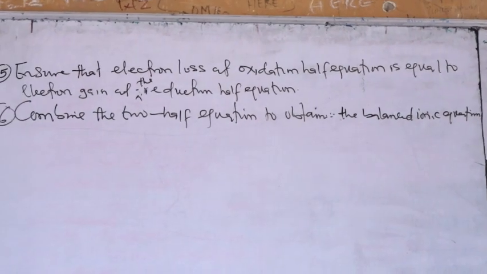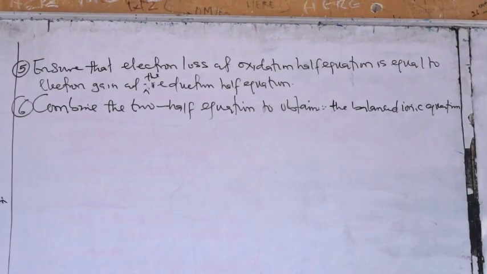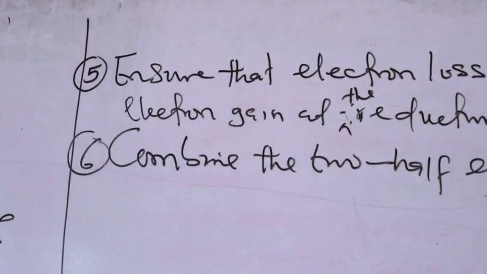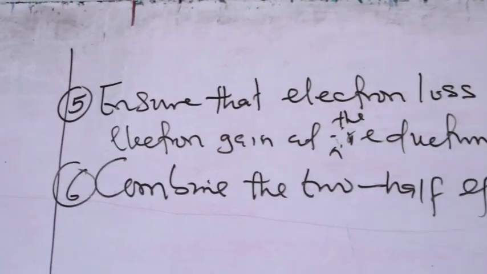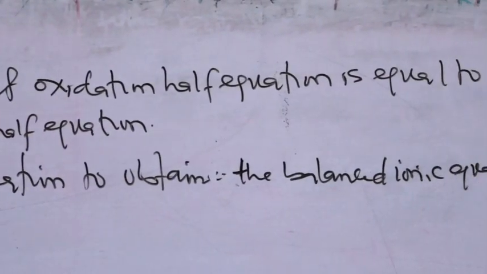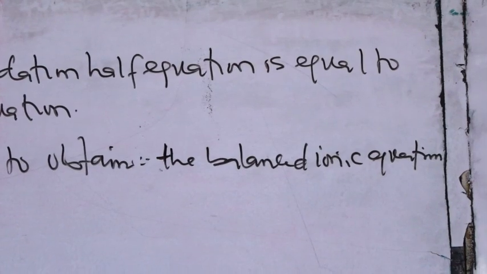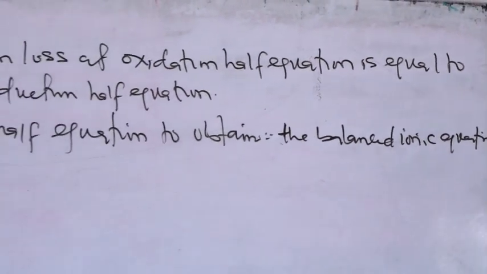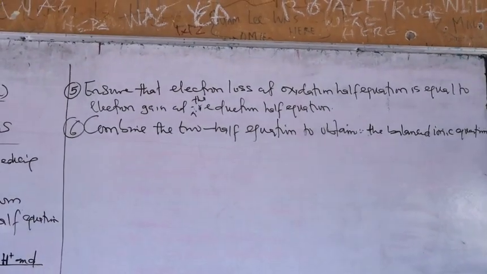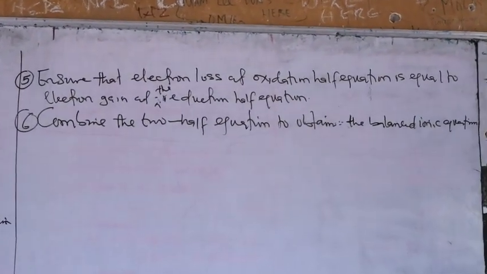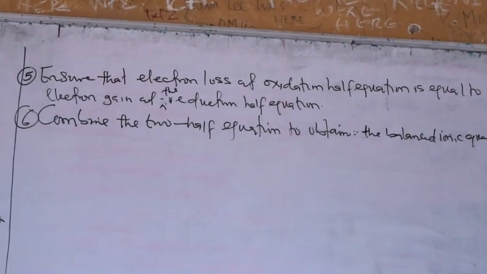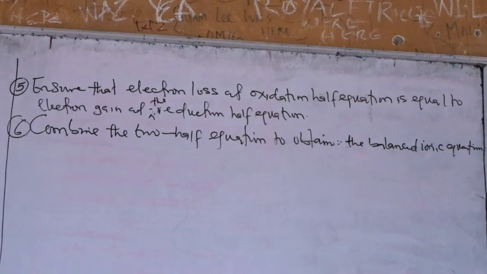It may look long, but it is very simple to balance. I have given you all these steps so that whatever you have to do on ionic equation, you'll be able to do it perfectly. Either you have to balance the equation, or you are given a balanced equation and you have to split it into 2, or you have to identify the oxidized species or reduced species.